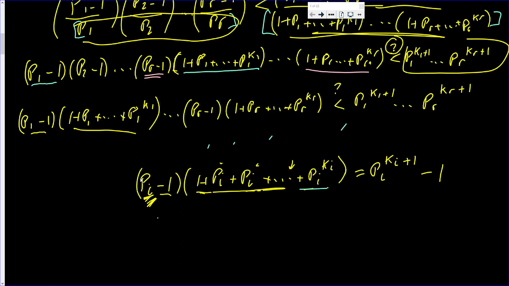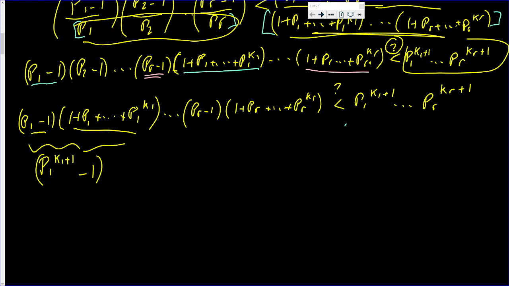So for the first one, we're going to get p1 to the k1 plus 1. Let's write that a little bit neater. So we're going to get p1 to the k1 plus 1 minus 1. And we're going to get this all the way down the line.